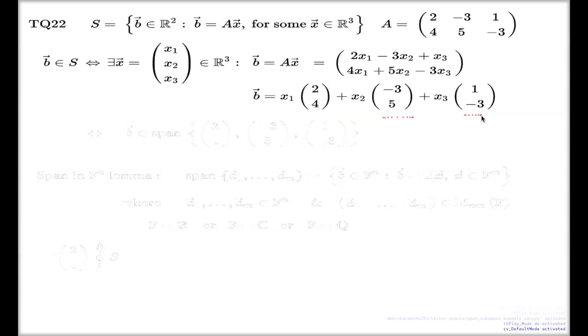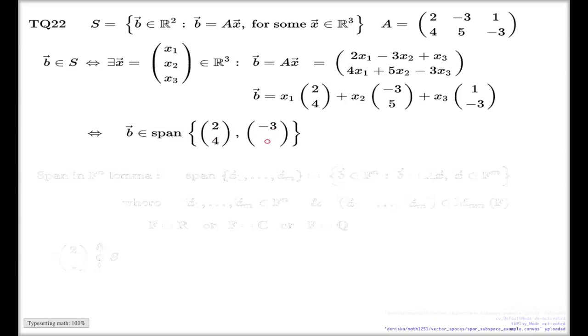So what we have proved just now, right in front of you, is that the vector B is in my S if and only if my B falls into the span of these 3 vectors: 2, 4, -3, 5, and 1, -3.